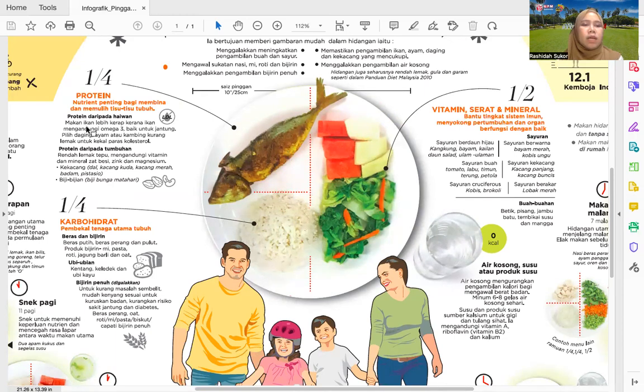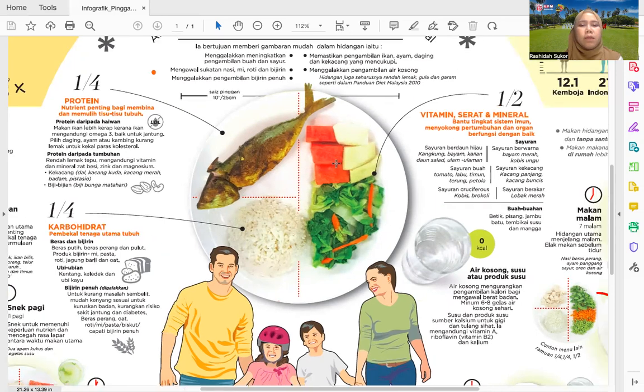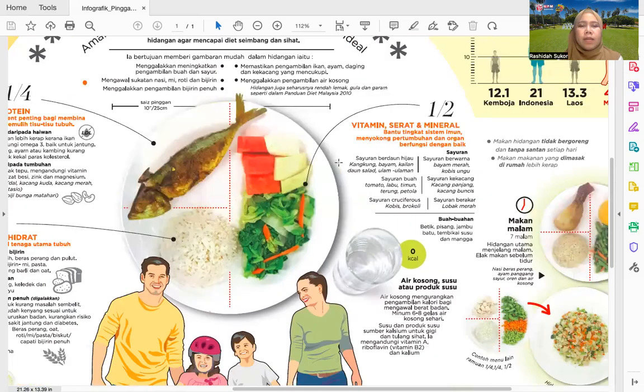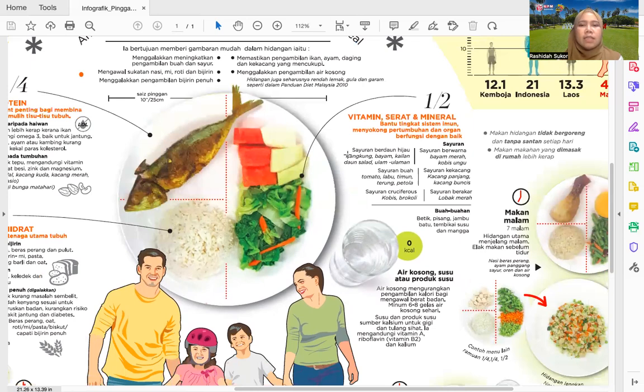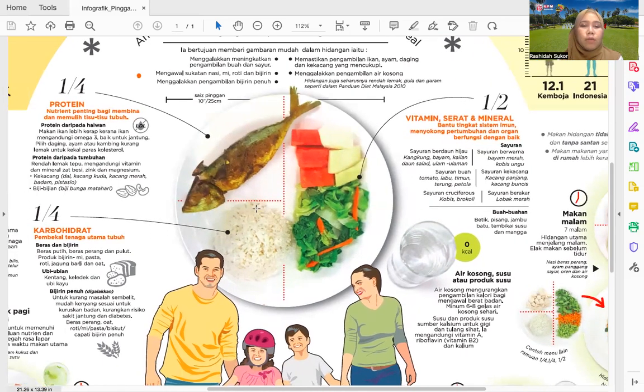You can have protein from animal or from plant. And then half of the plate is vitamins, minerals, and fiber. If we are not familiar with this, we can start slowly. As you go along, you will find this very useful.